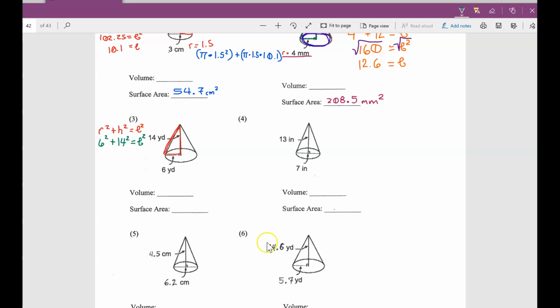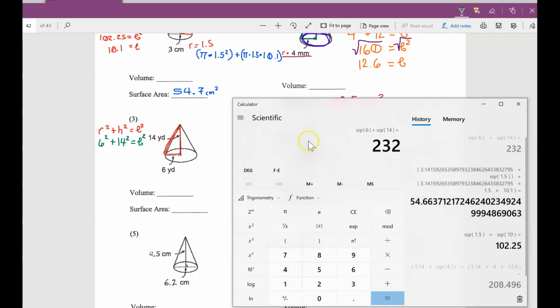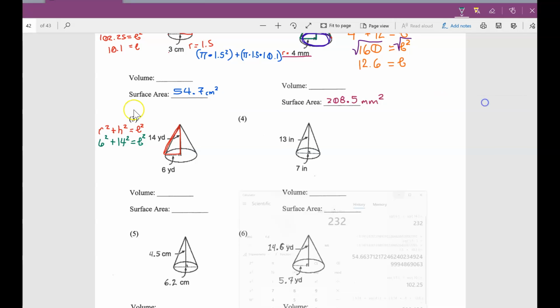All right, go to our calculator. Clear everything. 6 squared plus 14 squared equals 232. So our slant squared is equal to 232. To get rid of the squared, hold on a second, just don't want to confuse you, that shouldn't be a 3, that should be a 2.